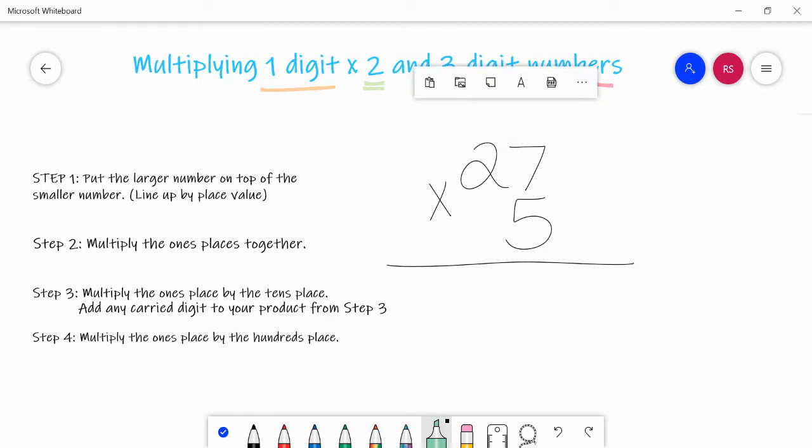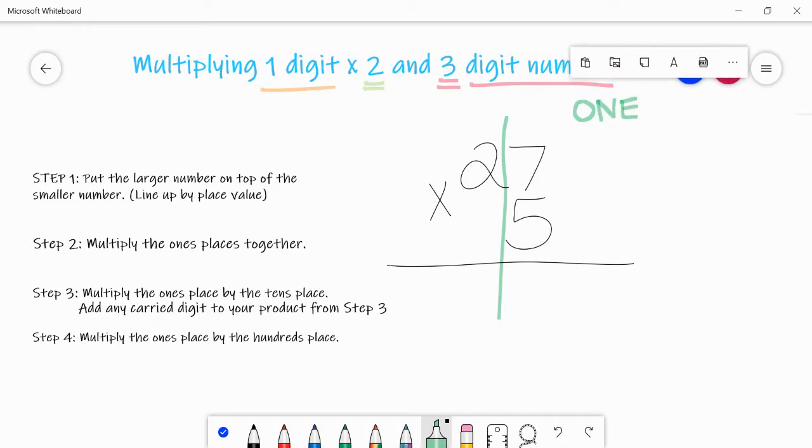If I just draw a line down the center here, I know that over here I have the ones place, and I'll even write ones place for you just so that you can see that. My 7 and my 5 are in the ones place. The 2 would be in the tens place, so I'll write the tens place up here too.